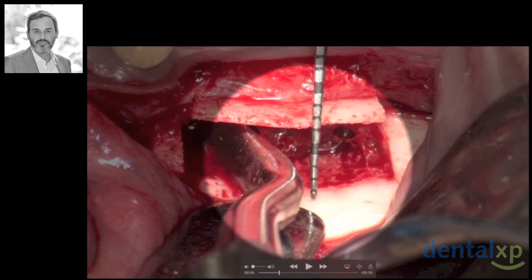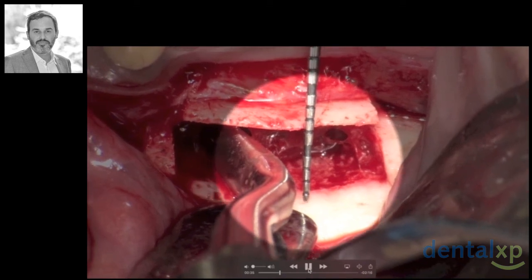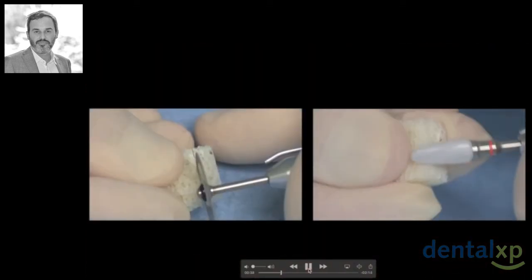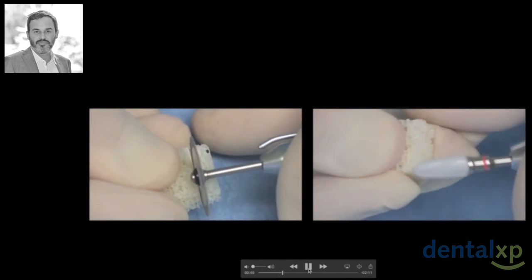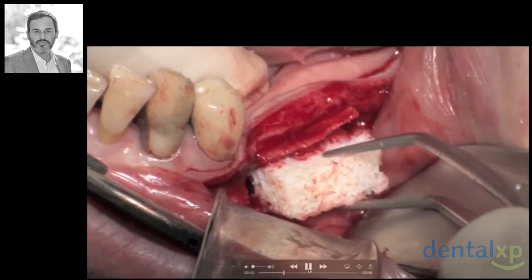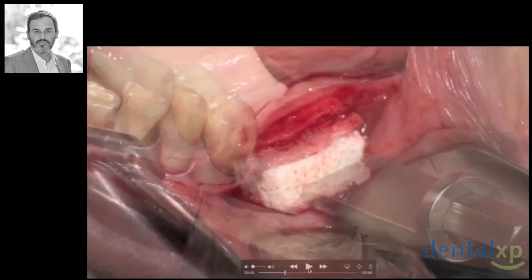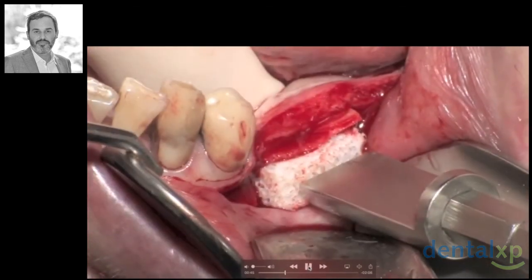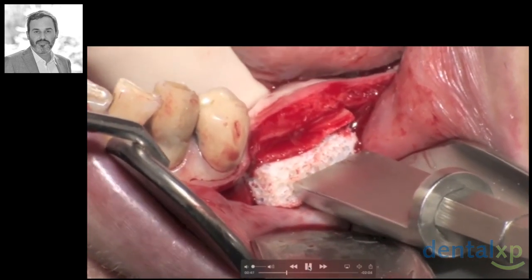And in this space, you decide if you use particulate or bone blocks. In this particular case, we use blocks that can be cut without water. When you use the block, at this point you try the block on the patient, and you fix and position it in this new space.